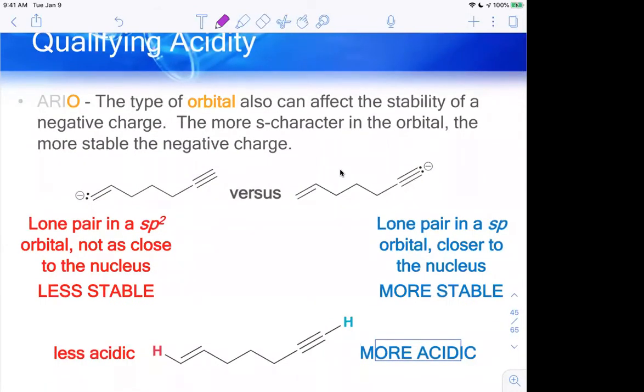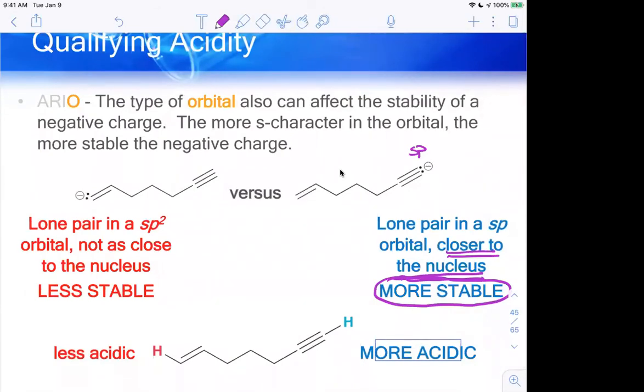So the lone pair in an sp orbital is closer to the nucleus, which is positively charged. So this is stabilizing. This sp orbital is shorter. Those electrons are closer to the nucleus, which is positively charged.